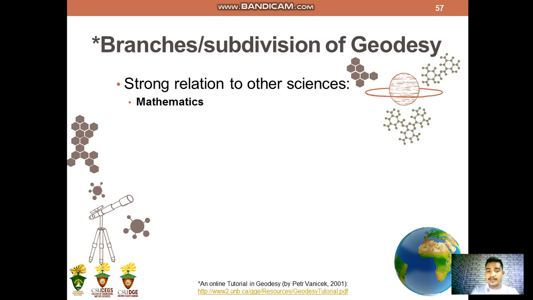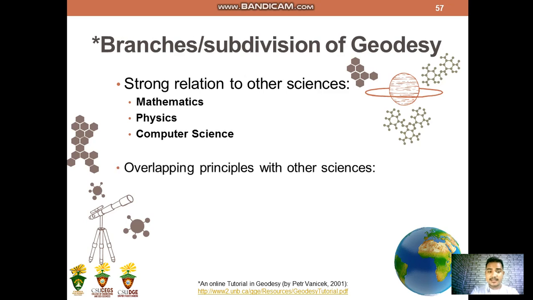First is mathematics, which is the fundamentals, the physics, computer sciences, and we have also overlapping principles with other sciences such as geophysics, which is the study of global gravity field. So there is an overlap, because in geodesy we have physical geodesy which deals more with the Earth's gravity field.